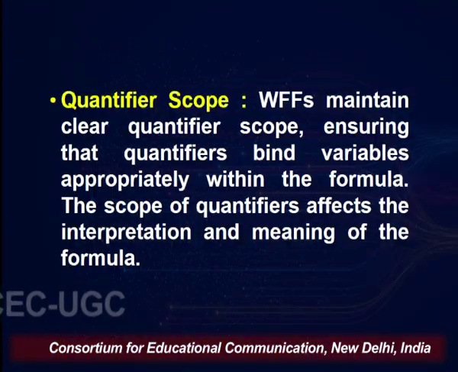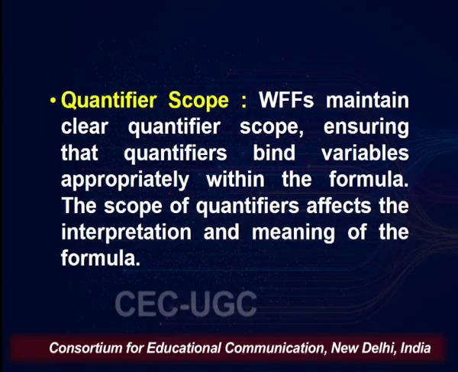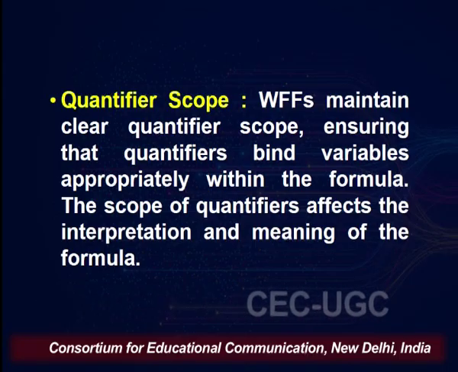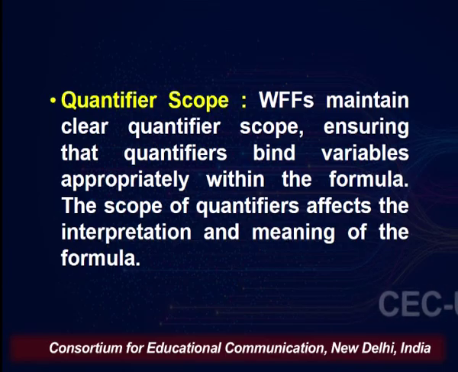Then there come quantifiers. The quantifier scope is to be maintained very clearly. Well formed formulas maintain clear quantifier scope, ensuring that the quantifiers bind the variable appropriately within the formula, and we are going to look into some examples of this quantifier scope. The scope of quantifiers affects the interpretation and meaning of the formula.